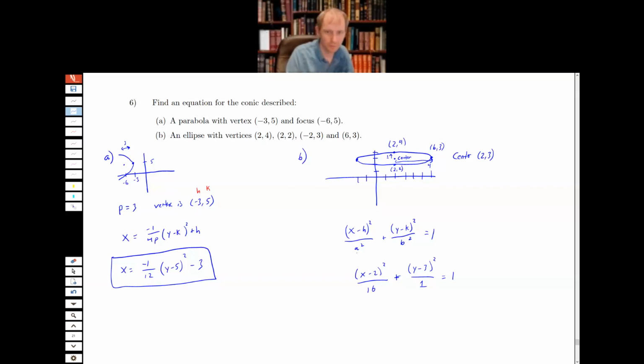Okay, so for finding an equation for the ellipse, that's it. Does that make sense? Okay. Where do you want to go from there?